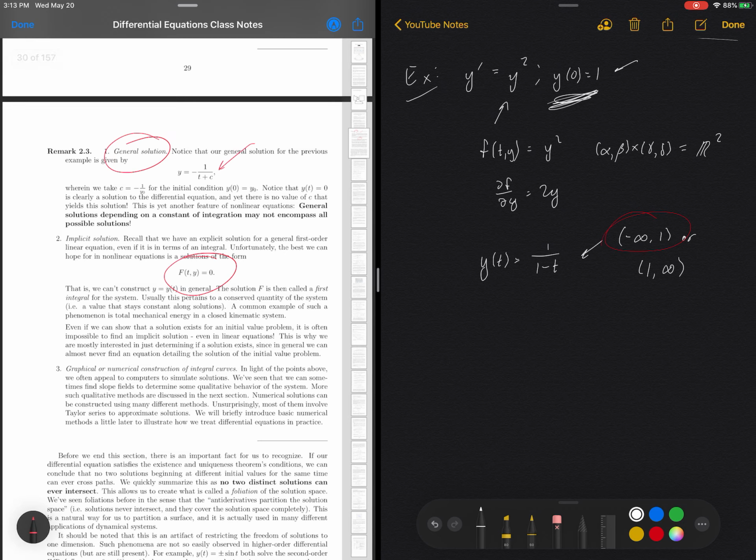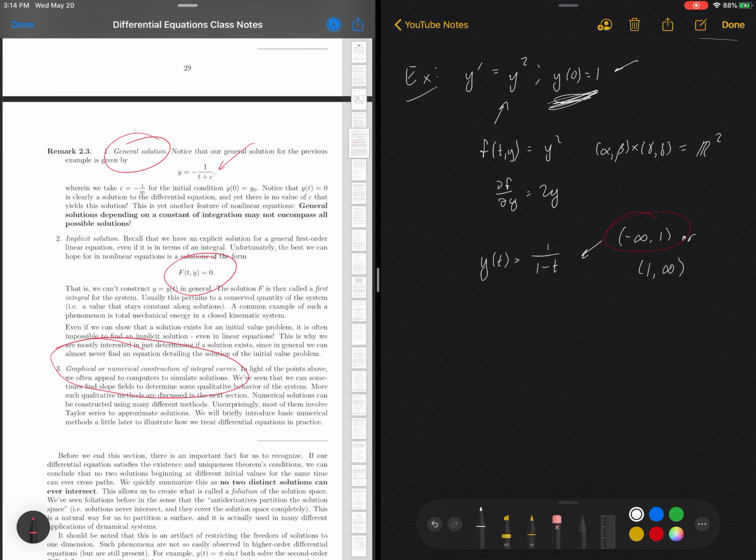Then you also have this problem with nonlinear equations where you can't solve for explicit solutions. So the best you can get in general is an implicit solution, and that's perfectly fine. But you're going to have to appeal to some other way of representing this function if you want to see what it looks like graphically, or if you want to analyze it any further.